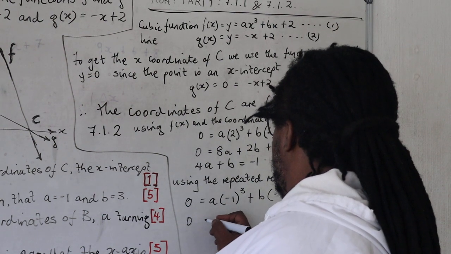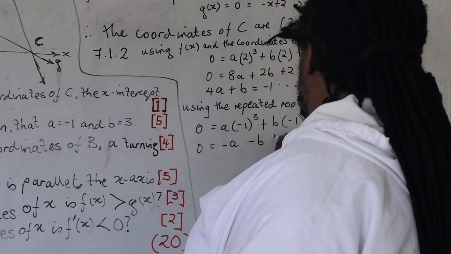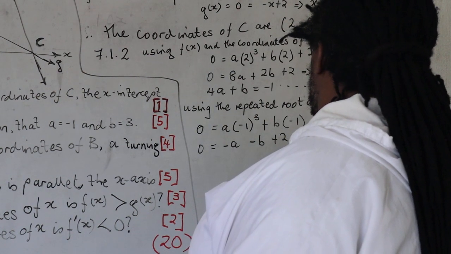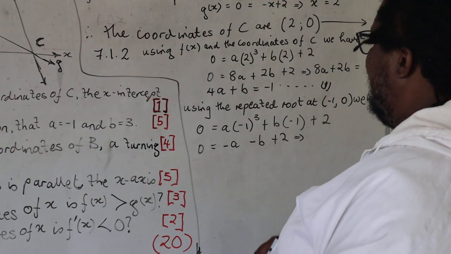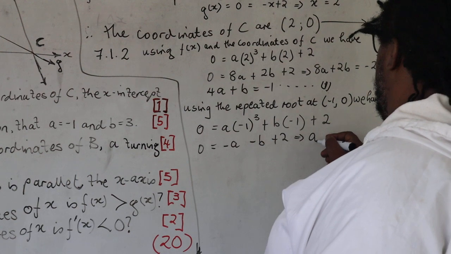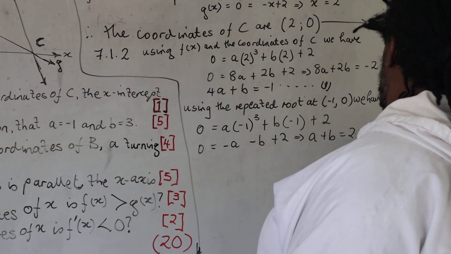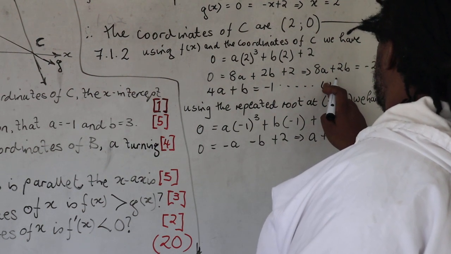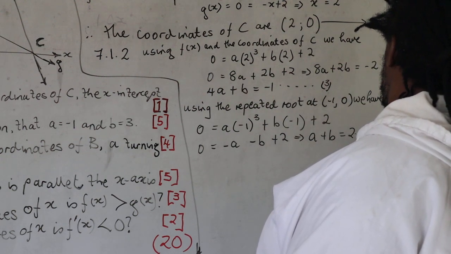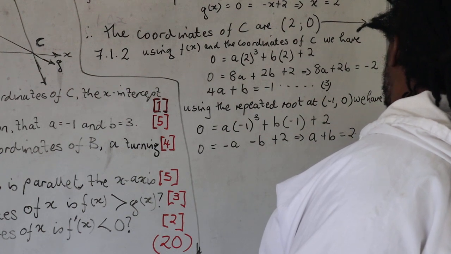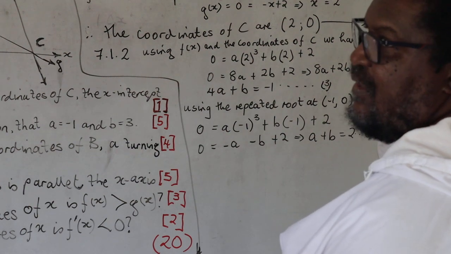So we have 0 is equal to -a - b + 2. And if we take a and b to the left hand side, we have a plus b is equal to 2. This is equation 3, and this is equation 4, so that we do not confuse the numbering that we have already given at the top for equation 1 and equation 2.